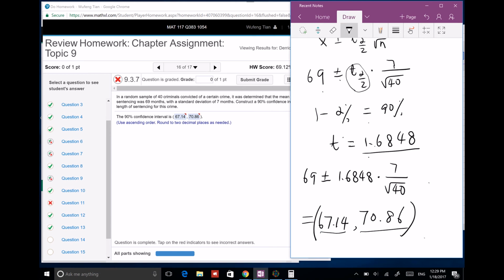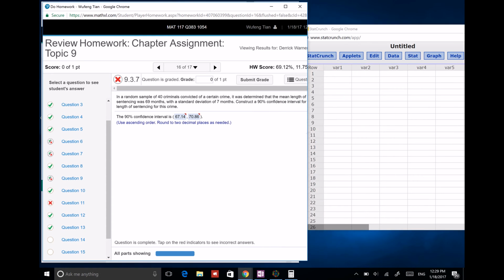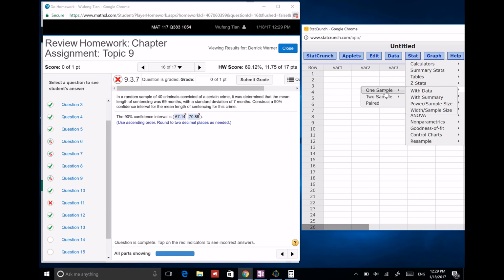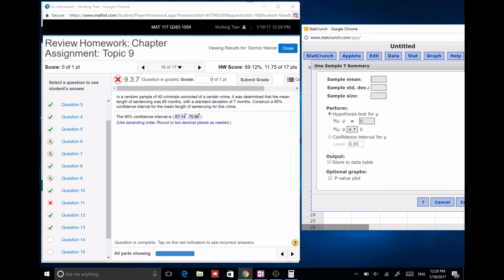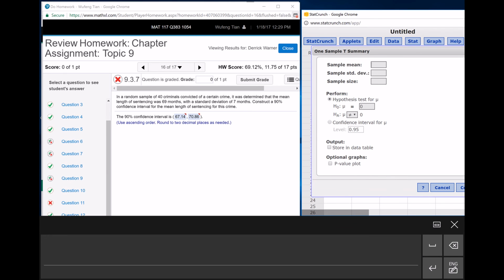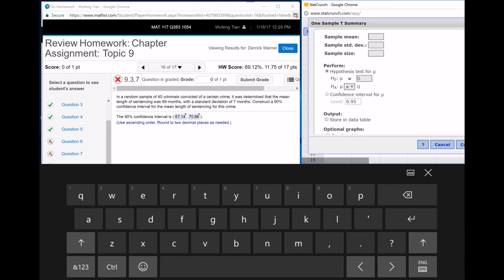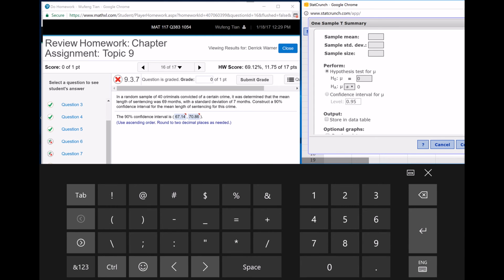I can show you how to use StatCrunch for all of this homework. Actually, I did in the videos. So for this one, you go to Stat, T-stats, one sample, with summary, and you just type in all this data: sample mean is 69, standard deviation 7, sample size 40, and confidence interval 90%, and then compute.